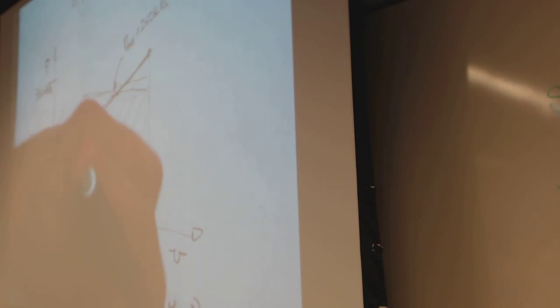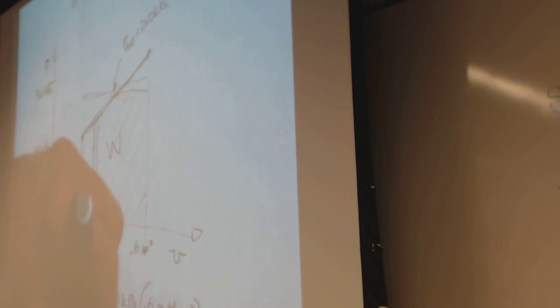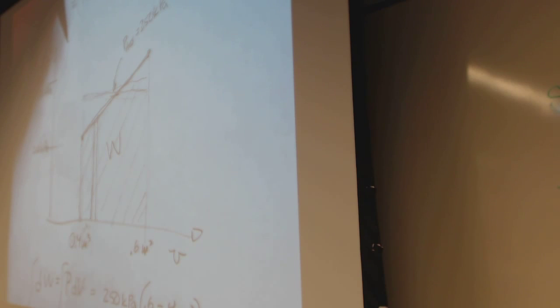Kilopascal times meters cubed, but 1 kilopascal is 1 kilonewton per meter squared. So we end up with 50 kilonewton meters.